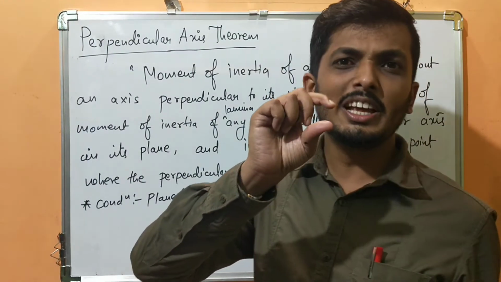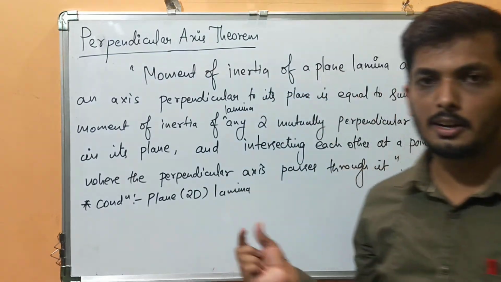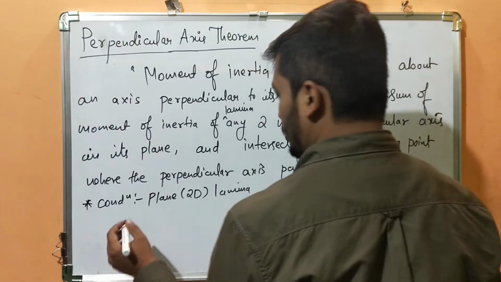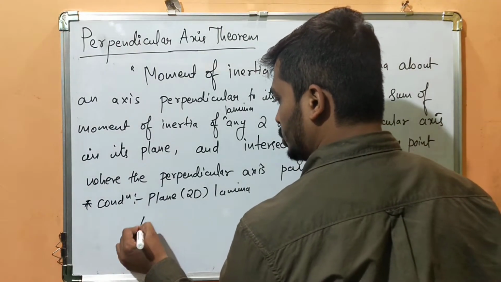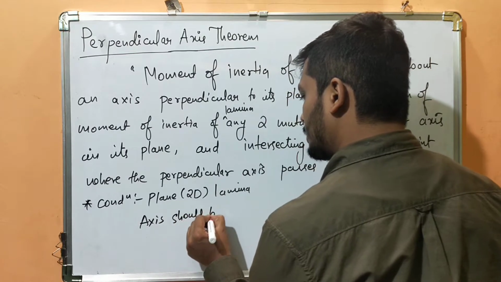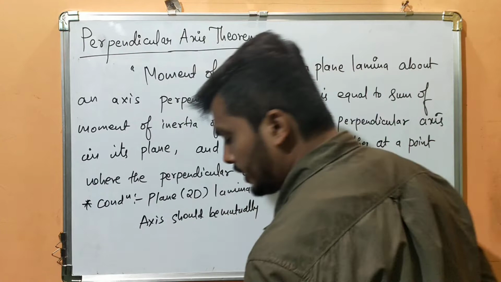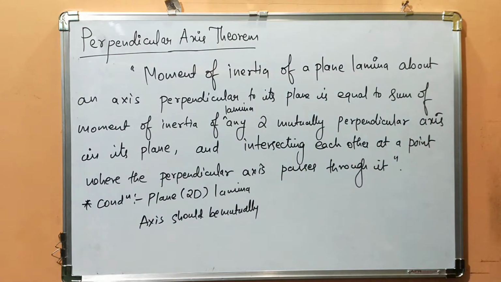A lamina is a plane sheet where the third dimension is neglected. One more thing, here the axes should be mutually perpendicular to each other. The conditions we'll study afterwards. I'll just try to explain first what exactly the theorem is.